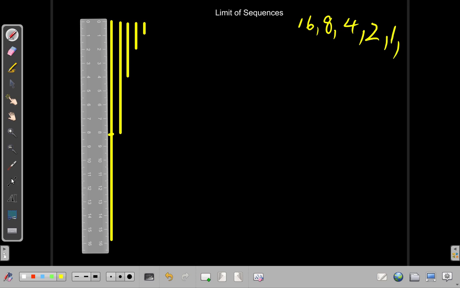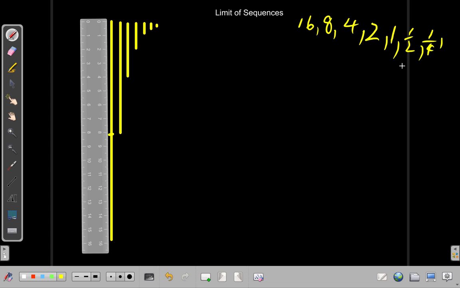Then that 1 centimeter, you cut it in half again, so you have half a centimeter. You cut that in half again, so you have a quarter centimeter. And you keep doing that.